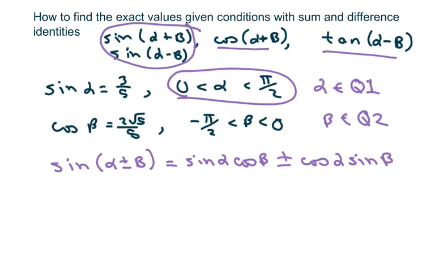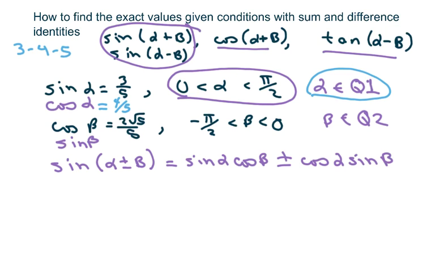Now the thing you have to notice is we don't have a cosine of alpha and we don't have a sine of beta. So you have to find them before we can even use the formula. Now since we're in quadrant 1, for this one, we should know that cosine of alpha is 4 over 5. Because you should know that your triples are 3, 4, 5.